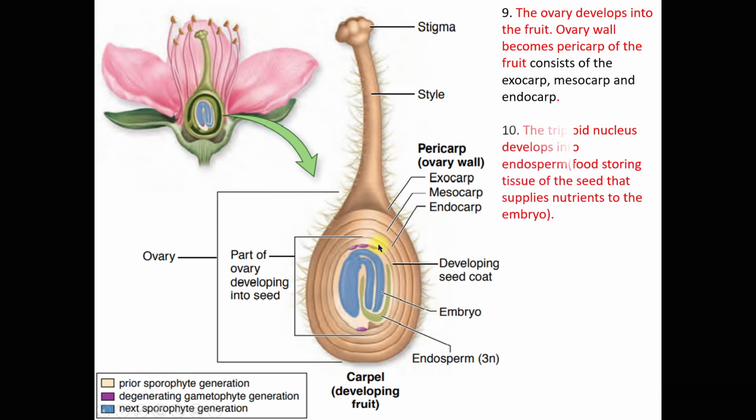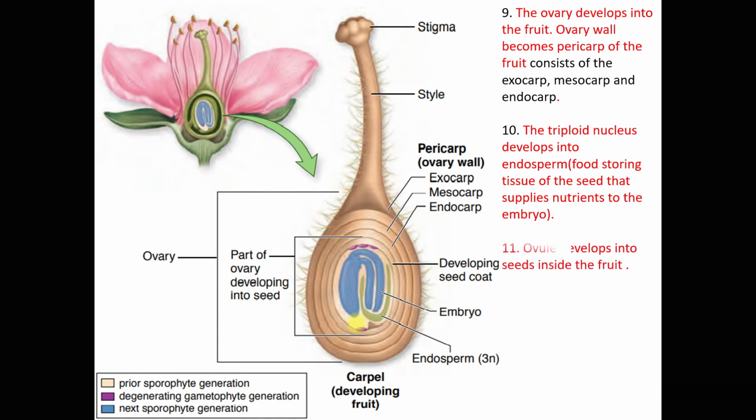The triploid nucleus, like what I mentioned earlier, develops into endosperm. This endosperm is the food storing tissue of the seeds that supplies nutrients to the embryo. So endosperm is for the developing embryo, actually.